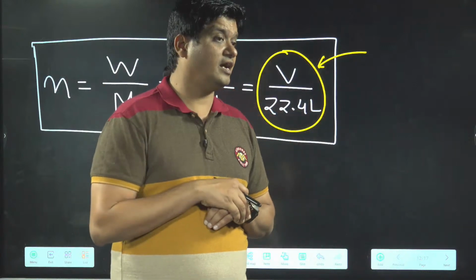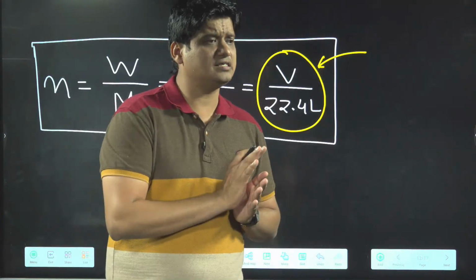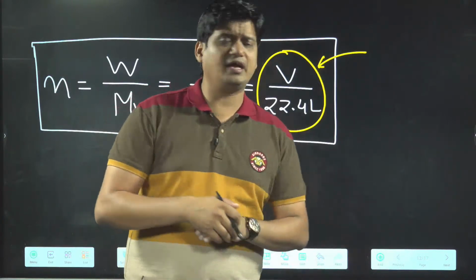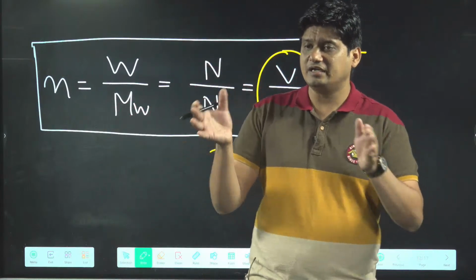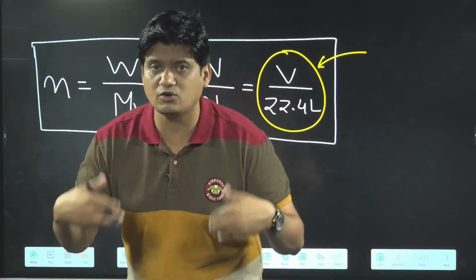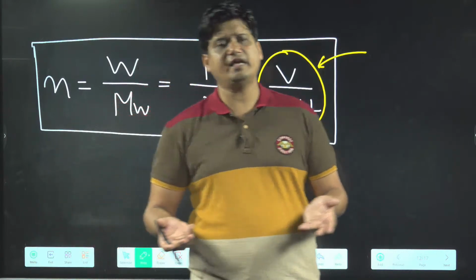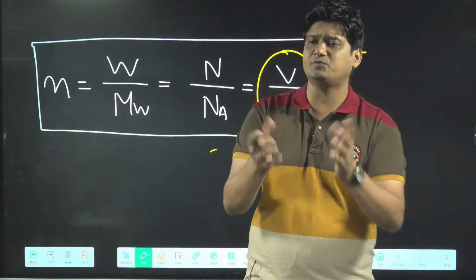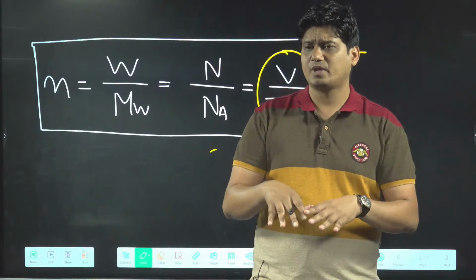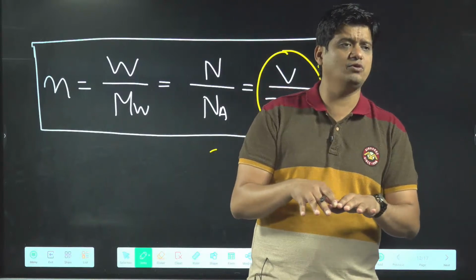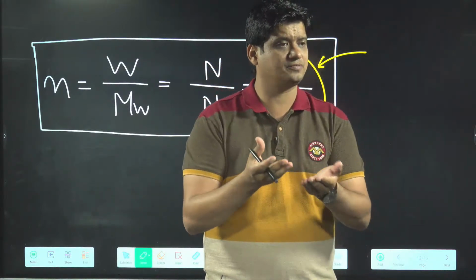Sir, why do we consider it an ideal gas? I told you in the previous class, and just a few minutes back I explained, in the case of real gas, data changes with respect to nature of gas. Why does it change? Because in the case of real gas, there is interaction between gas molecules or gas atoms, and the strength of that interaction depends on the nature of gas.